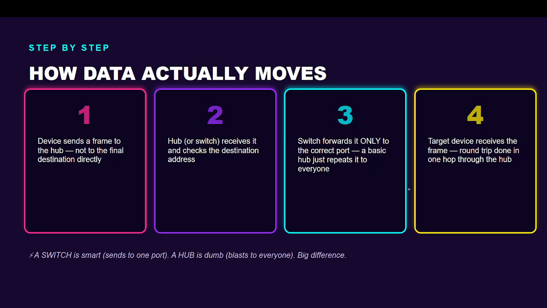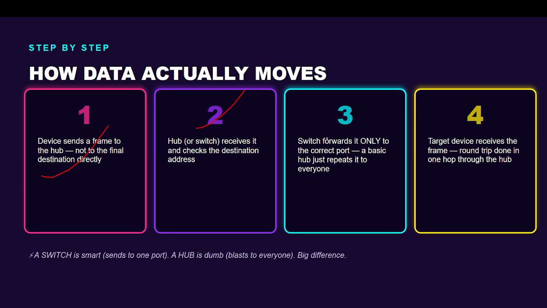So here is the actual play-by-play. Step 1: your device sends data to the hub, not straight to where it is going. Step 2: the hub catches it and checks who it's actually for.